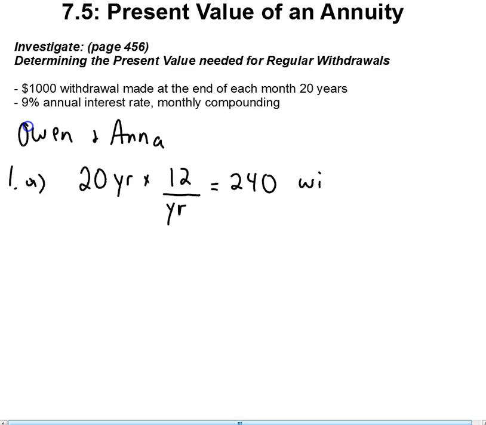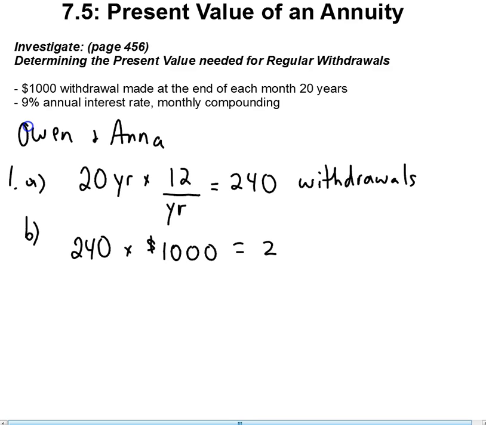So that's the number of $1,000 values that are needed to be withdrawn. Now, if we take that and multiply it by $1,000, that would be 240,000. That's the amount in total that they're withdrawing.